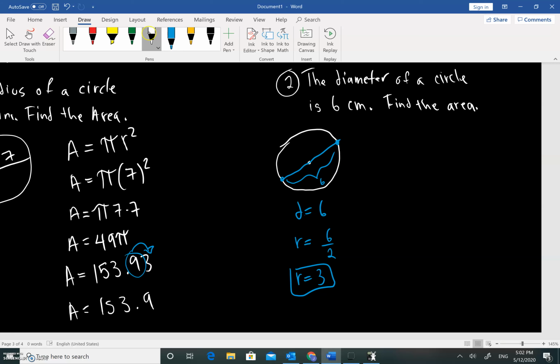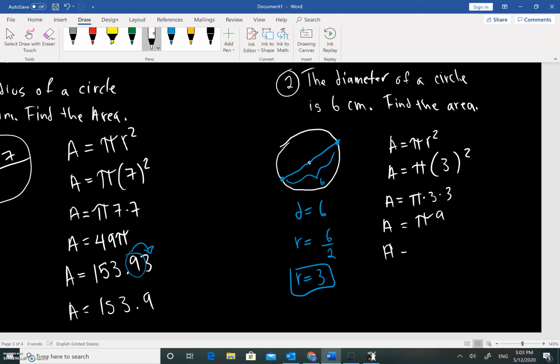So let's go ahead and write our equation for the area, which is going to be pi r squared. Area is equal to pi. My r is 3. So it's going to be 3 squared. Now, 3 squared is equal to 6? Is that true? No, it's not, because 3 squared is 9, right? Because 3 times 3 is 9. So let me actually go ahead and write that step as well. 3 times 3, so area is equal to pi 9.